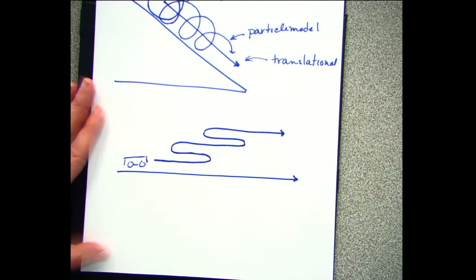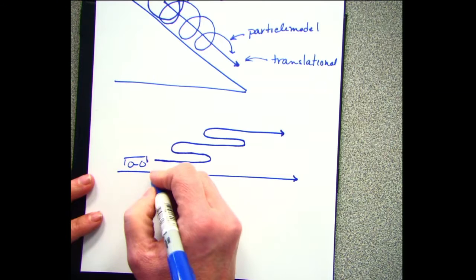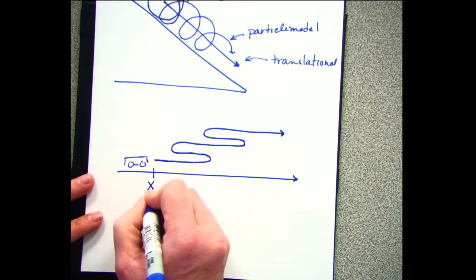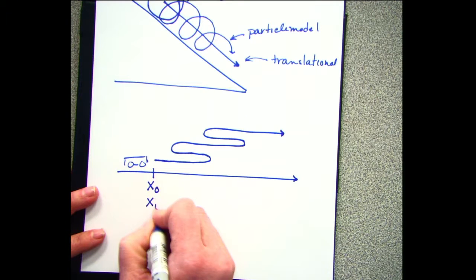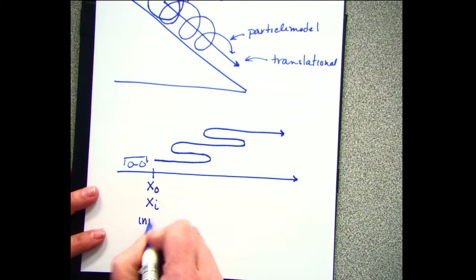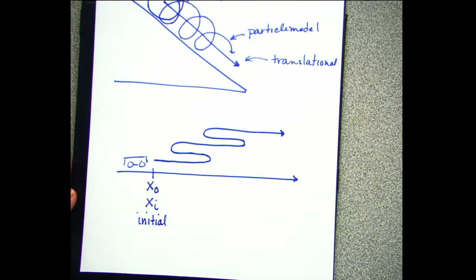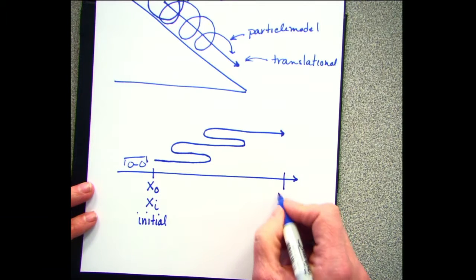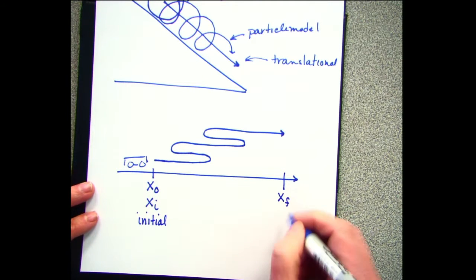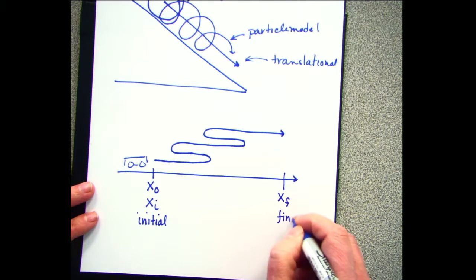I can look at that travel a couple of different ways. If this is where I start, I'm going to give it a position x sub 0 or x sub i, referring to initial position. That's one of the ways I can refer to that. Then I can have this end spot as my x sub f, which is usually my final position.